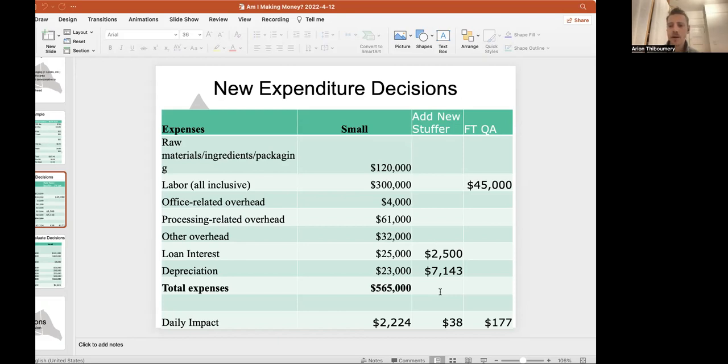That's not to say that the machine is going to run flawlessly for 10 years and you're not going to have any other costs associated with running it, because it will break down, things will happen, and the repairs probably won't be that cheap. But from the standpoint of, do you think you could make more than $38 a day in additional revenue by virtue of adding this equipment? If you have the business to justify that, it's a pretty good decision.